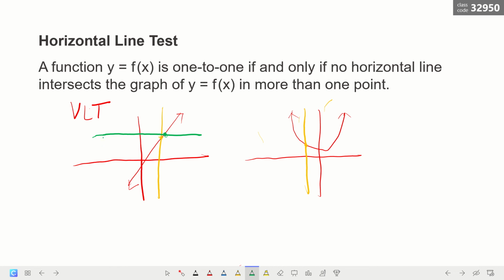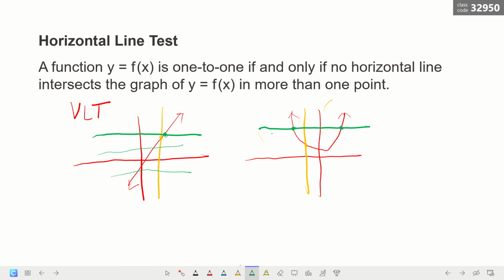Because when we run a horizontal line test, it only intersects once. So, whether you draw our horizontal line here or run our horizontal line test here, the line will only intersect this graph at one point. But if we perform the horizontal line test on our second graph, as you can see here, it passes 2 points of our graph.